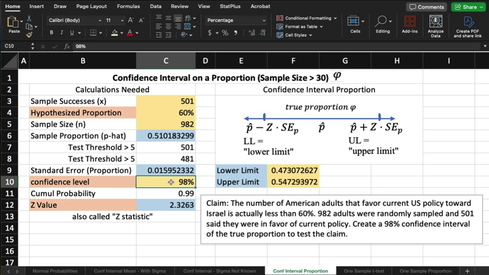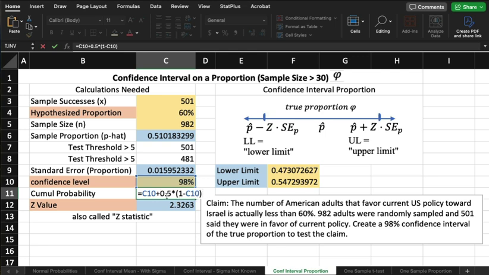Our confidence level is given in the problem. It's 98%. And our cumulative probability is just as we've mentioned in our two previous videos on confidence intervals. This has to be our confidence level plus the left tail. So it's equals C10 plus 0.5 times parenthesis 1 minus C10 close parenthesis.